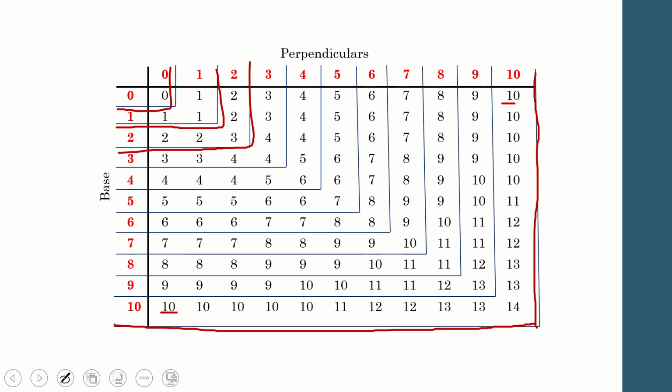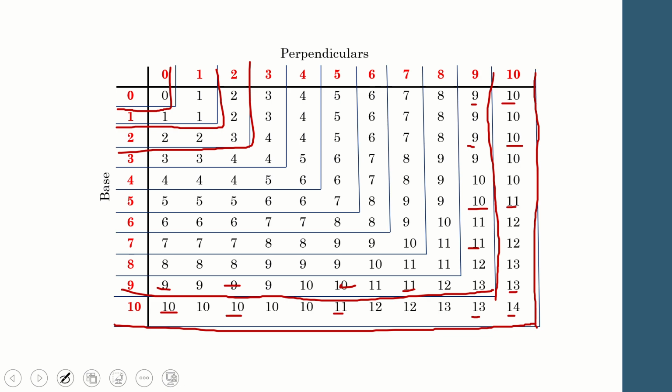Up to the last, it is all symmetrical. Starting 10, here also 10, third point is also 10, here also 10. Suppose the sixth position is 11, here sixth position 11, the 10th position 13, here 13. Likewise, here 9, here 9, third position 9, here also 9, sixth position 10, here also 10. Suppose 8th position 11, here also 11.